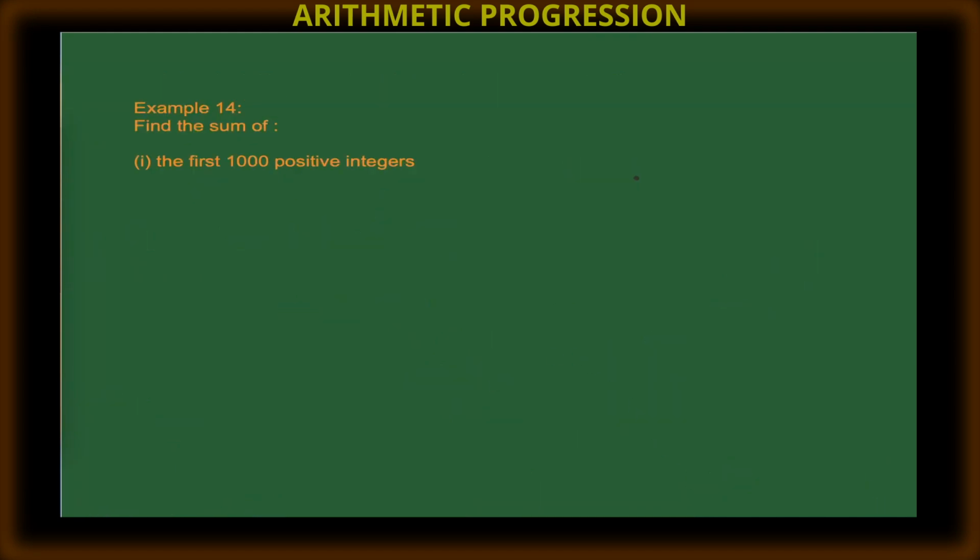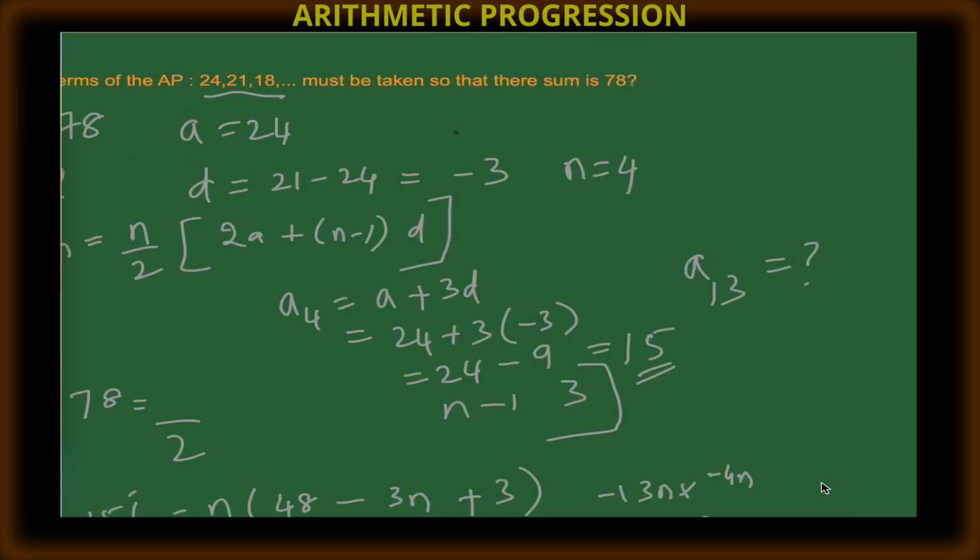Just before moving forward, I think we will just do one more step here. So we know the values here. Let's see whether adding these we get what value. 24 plus 21 plus 18 plus 15. Oh, perfect.